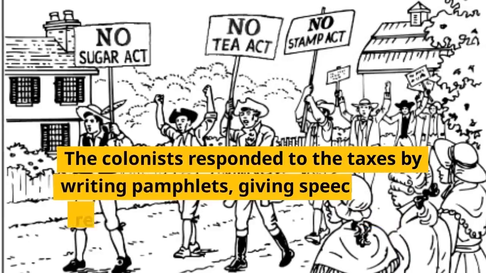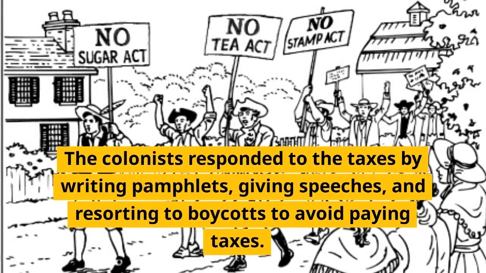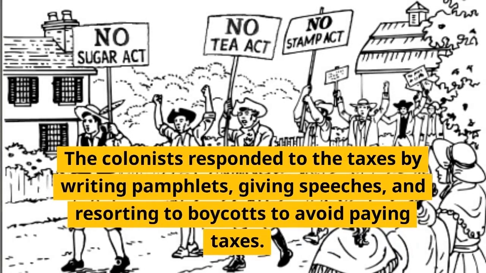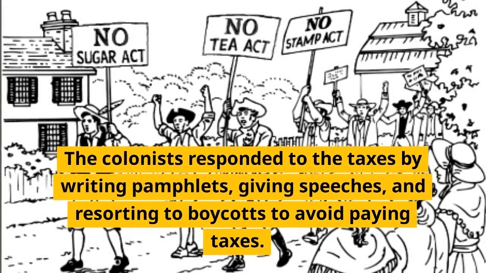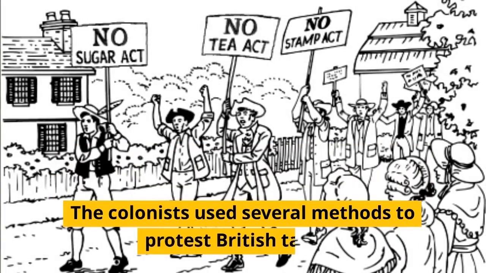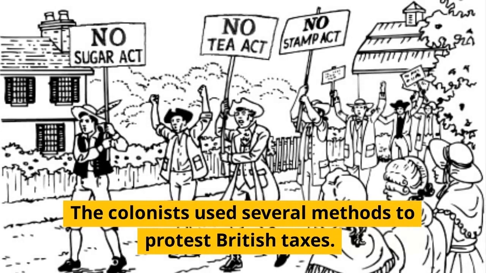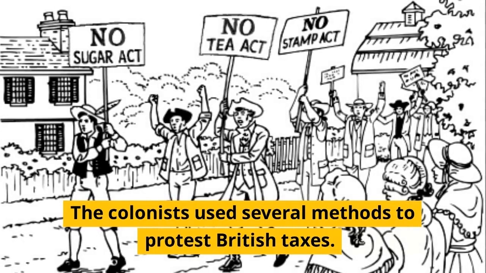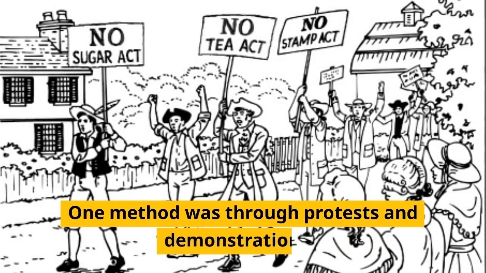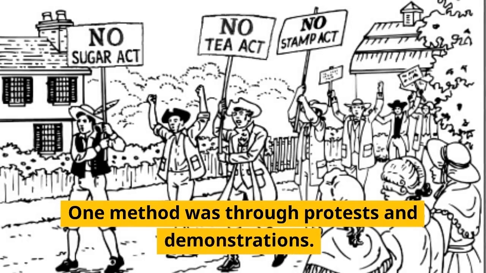The colonists responded to the taxes by writing pamphlets, giving speeches, and resorting to boycotts to avoid paying taxes. The colonists used several methods to protest British taxes. One method was through protests and demonstrations.